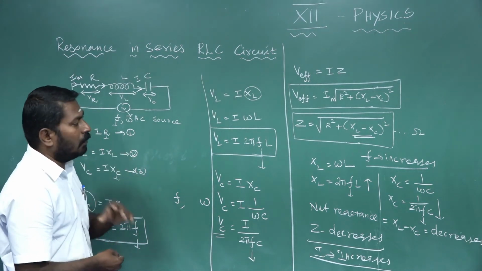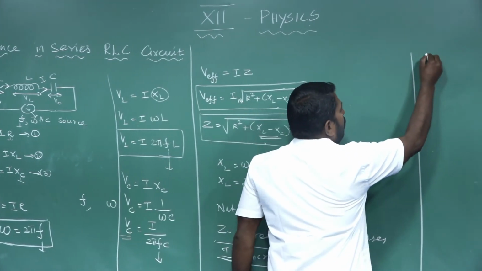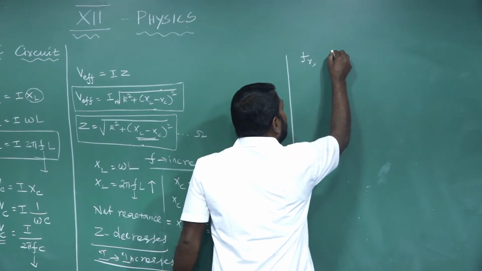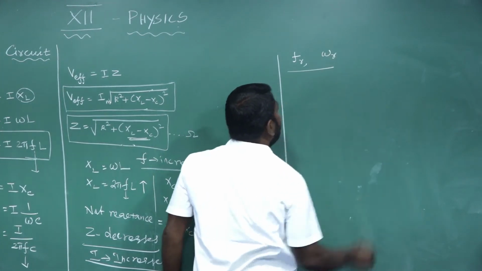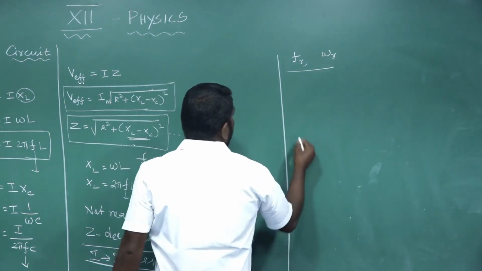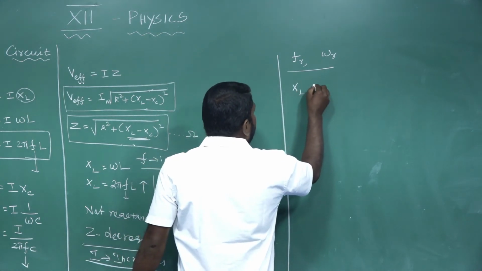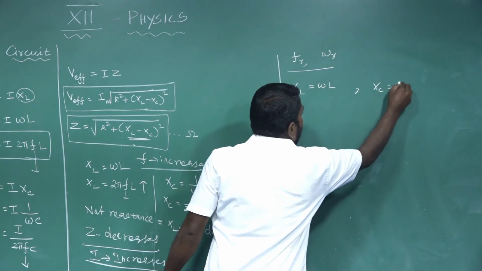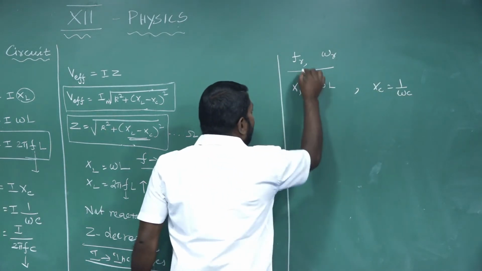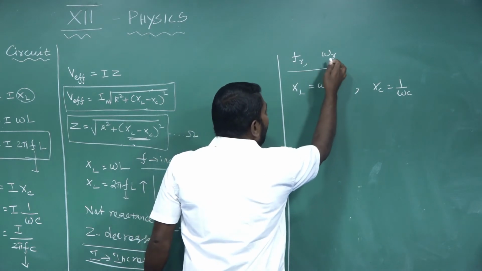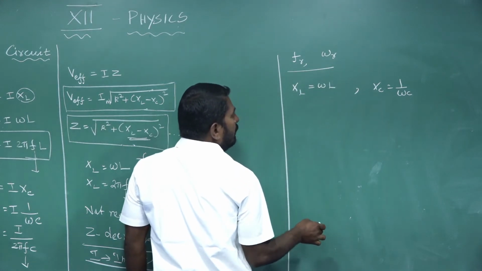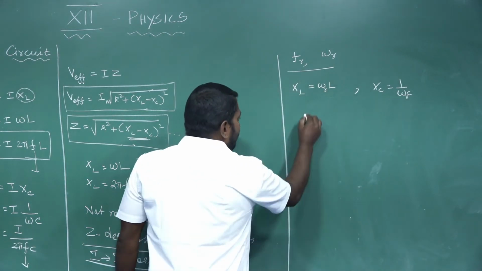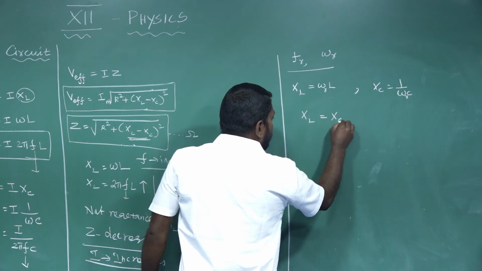And at one particular frequency FR, simultaneously a particular angular frequency omega r, the inductive reactance XL is equal to omega L and the capacitive reactance XC is equal to 1 divided by omega C. At this particular frequency FR, at this particular angular frequency of the AC voltage omega r, the inductive reactance is equal to the capacitive reactance.